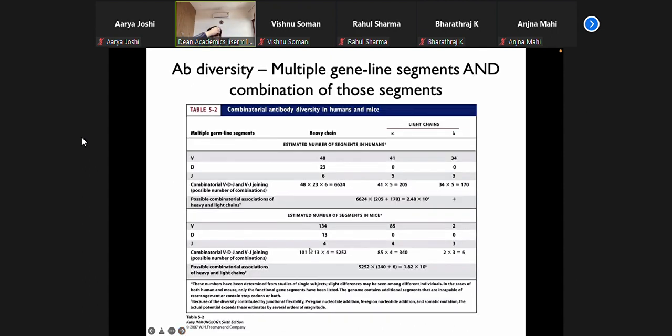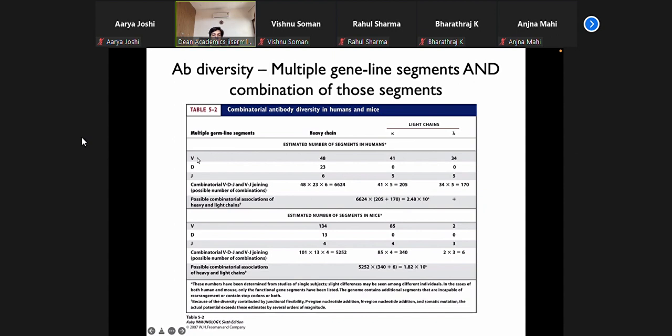This is one example, again coming from your book, QBs, of how you estimate what kind of different combinations you can generate. Combinatorial antibody diversity in human and mice. So this is shown for human and this is for mice.